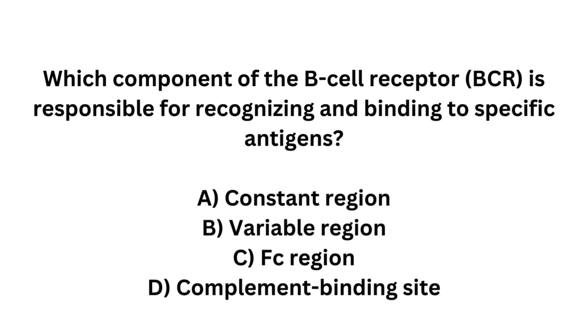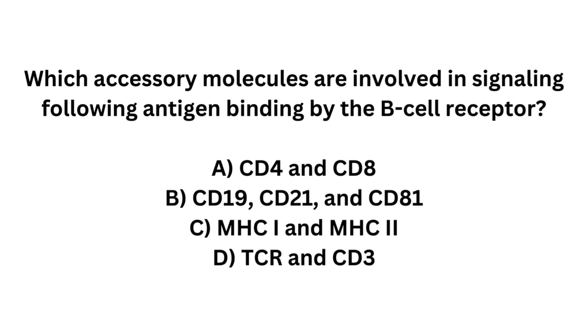Which component of the B cell receptor is responsible for recognizing and binding to specific antigens? Variable region. Which accessory molecules are involved in signaling following antigen binding by the B cell receptor?